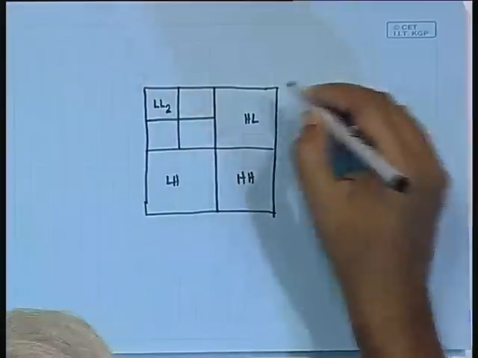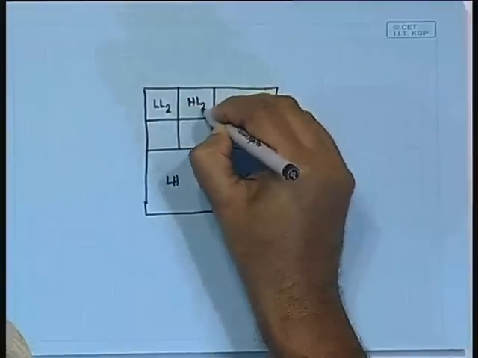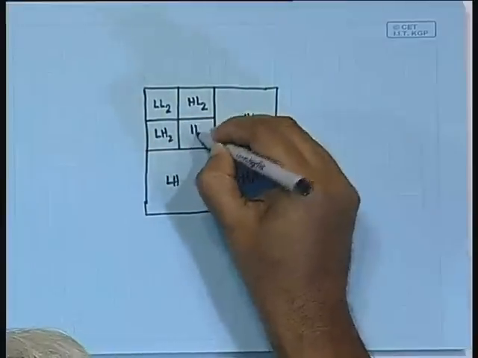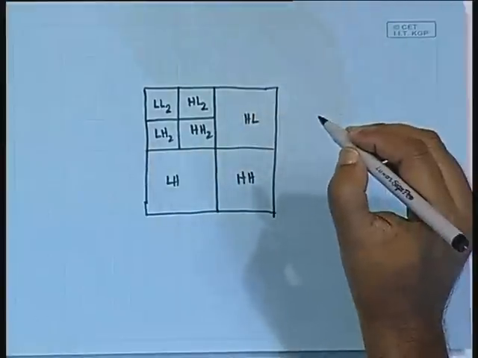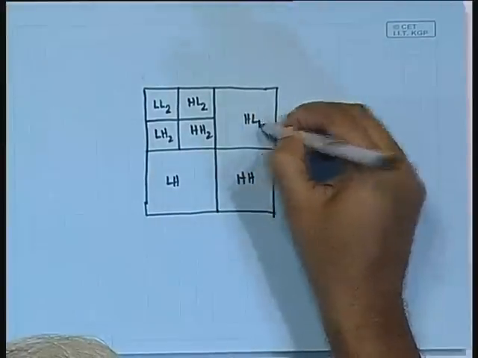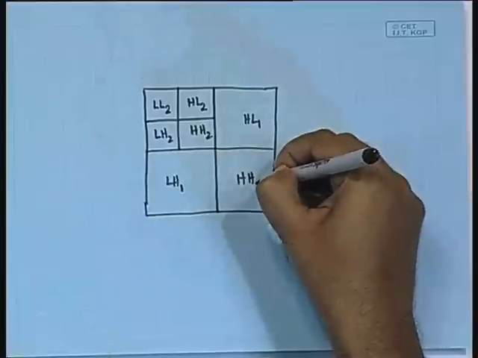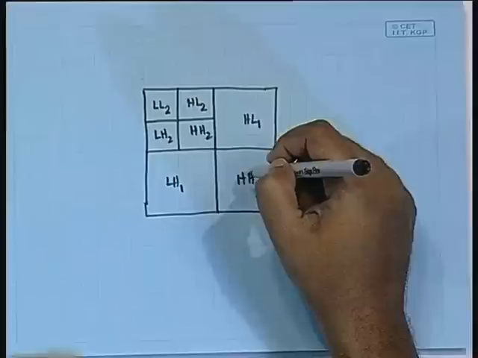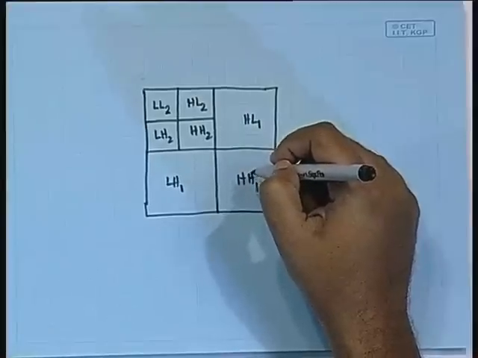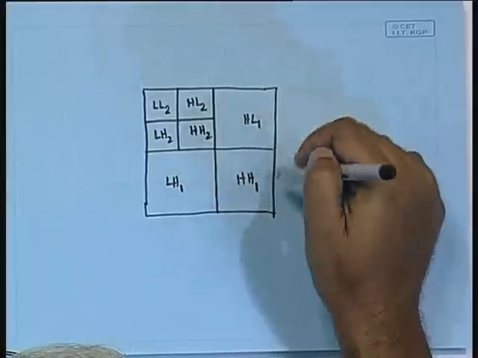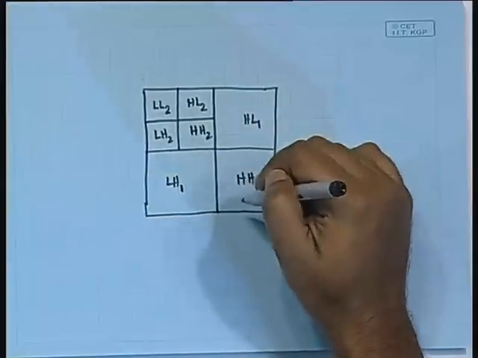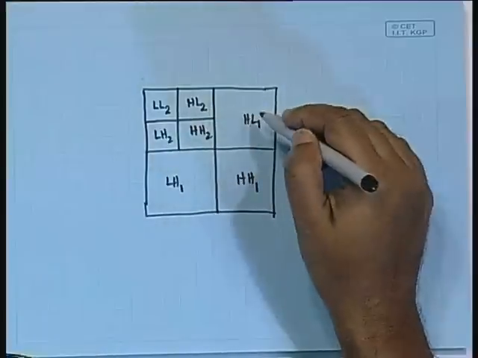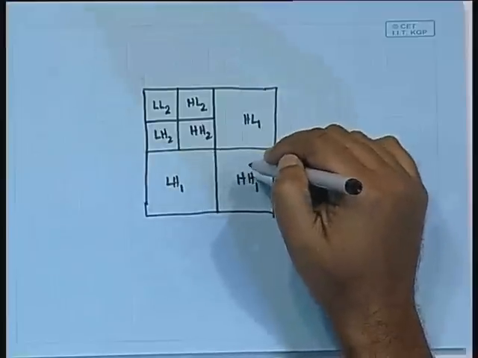So, this is LL2, this will be HL2, this will be LH2 and this will be HH2, and just to keep the consistency we mark HL as 1, LH1, HH1. So, the number that I am writing in the subscript essentially indicates the level of partitioning. So, totally we now have 7 subbands as you look at it, right. There are 7 subbands, 4 subbands at level 2 and 3 subbands at level 1.